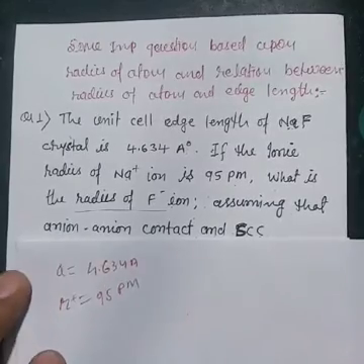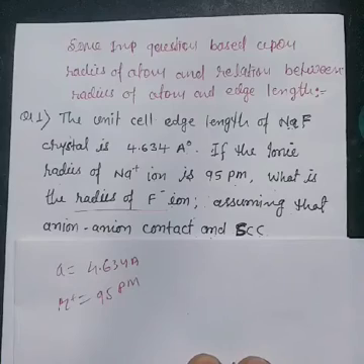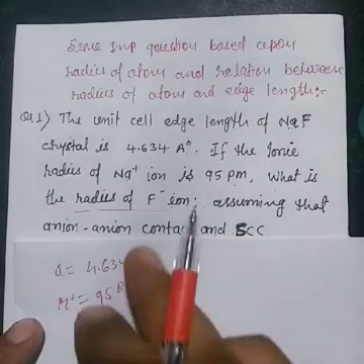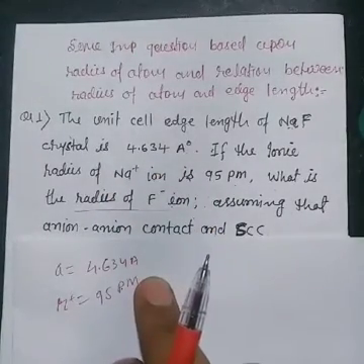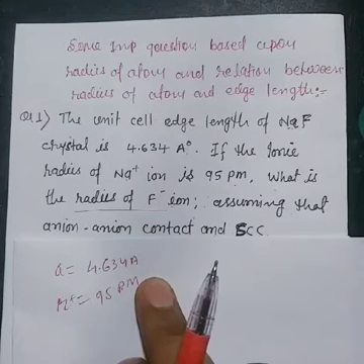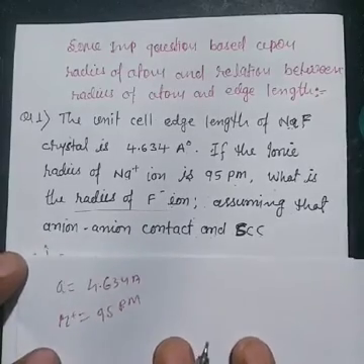Now students, in this question there are two exceptional points. First, the parameter is different, and second, they do not mention which type of unit cell, SCC, BCC or FCC. So I am assuming SCC.